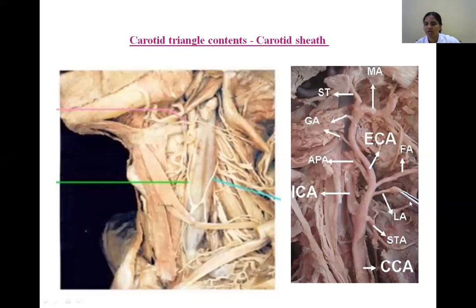Here you should remember the external carotid is not a content of the carotid sheath. So the contents of the carotid sheath are the common carotid and internal carotid artery, then the internal jugular vein, and in between a nerve, the vagus nerve. These are the three important structures we can identify in the carotid sheath.